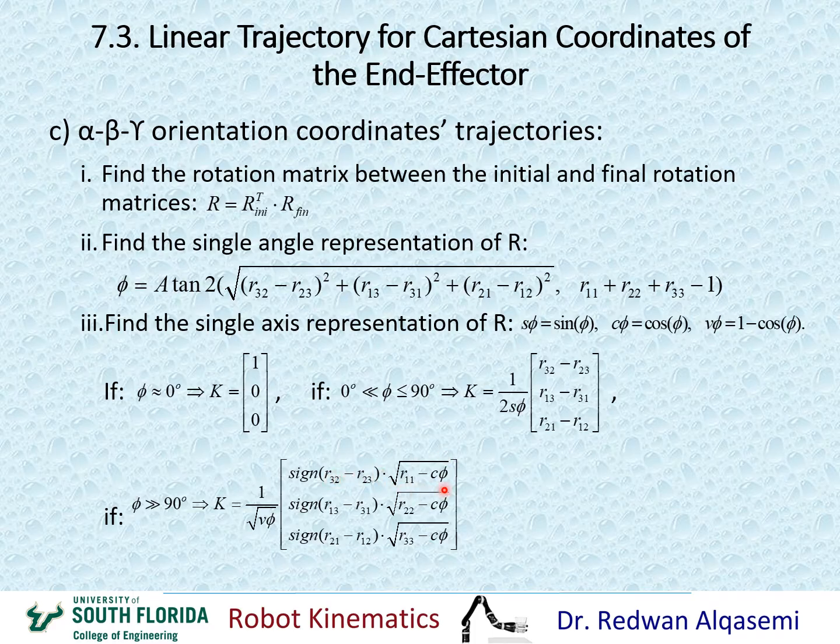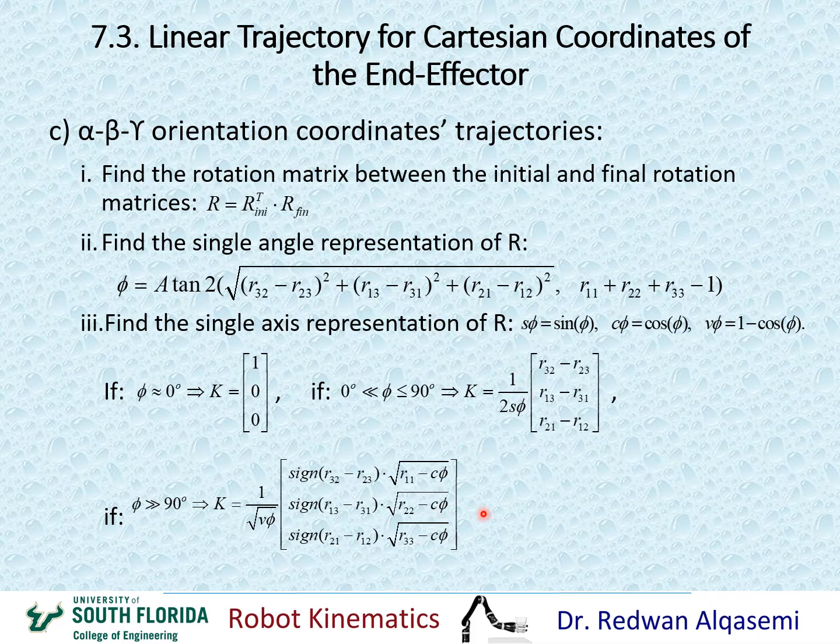And this is the quantity that I would place in this particular place. So this will be the square root of R11 minus cosine phi, and so forth. So this first part of this expression is only a sign, whether it's negative or positive. And then this would be a quantity that we can put using R from the rotation matrix, and then cosine phi that we already have from here.